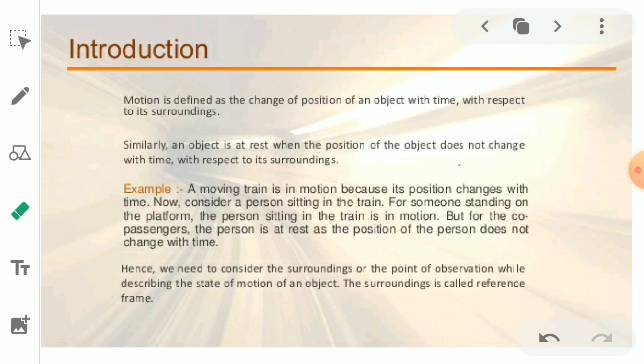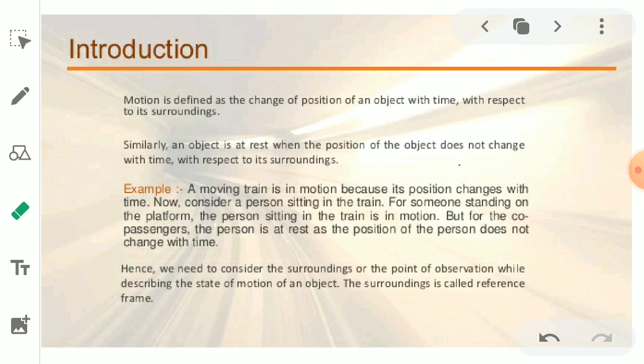They remain fixed. On the other hand, if you see a lot of objects including man, animals, birds, or a train, ship, aeroplane, all these things do not remain stationary or fixed at a place. They move. They can move from one place to another, like a man.